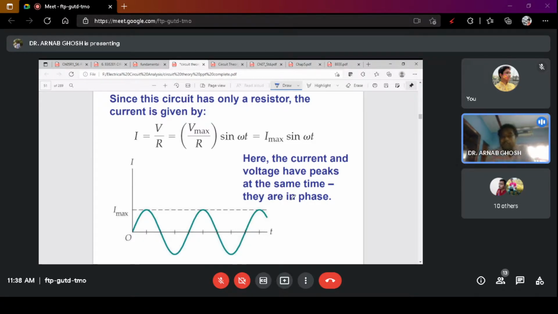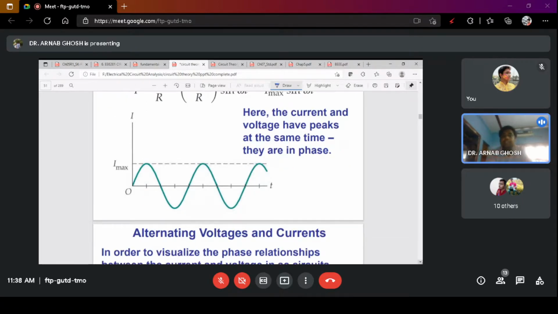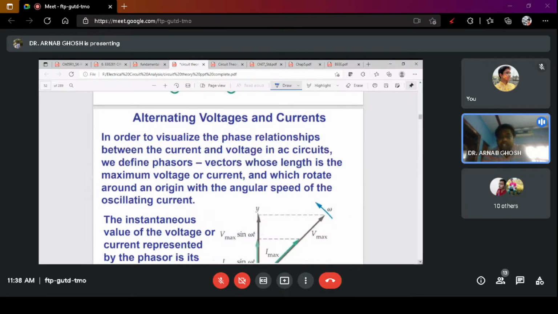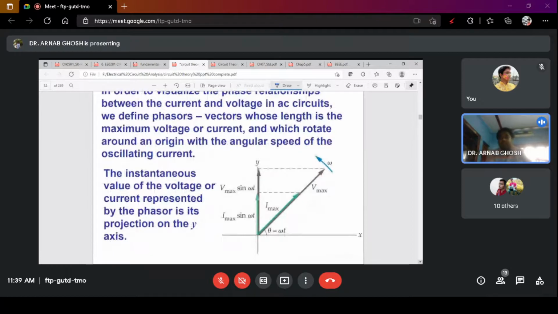Right? So this is how you get the values for a purely resistive circuit. If you just draw the phasor diagram, I showed you the wave diagram, now I will show you the phasor diagram. Say you are considering this as the Vmax.